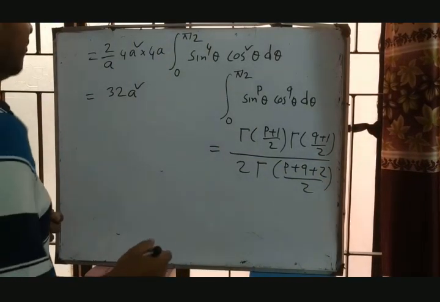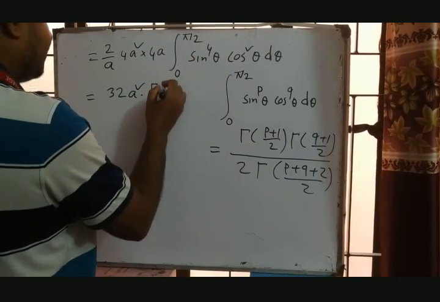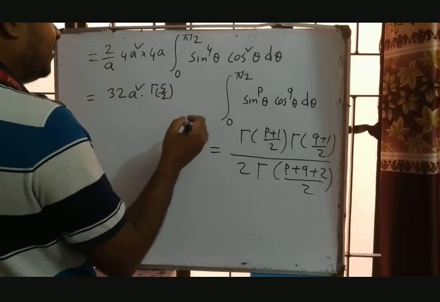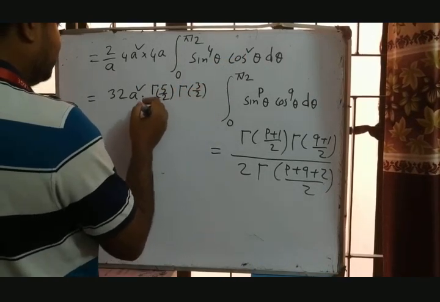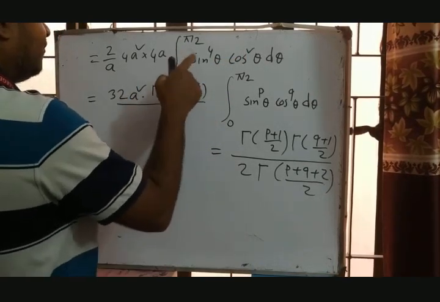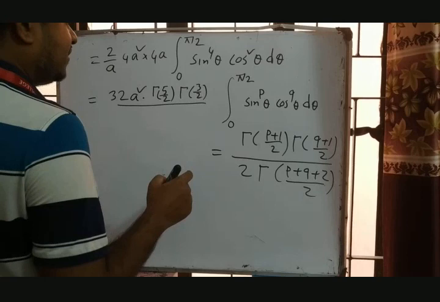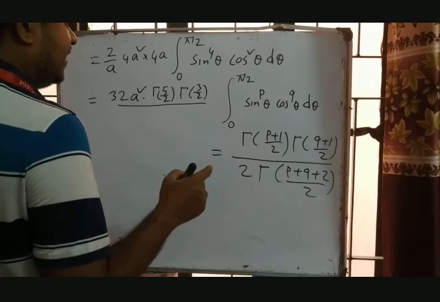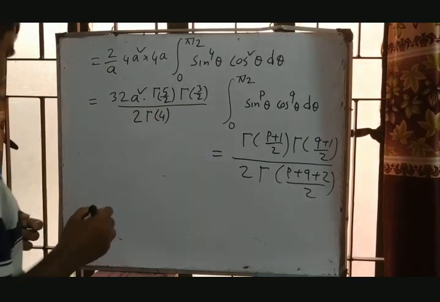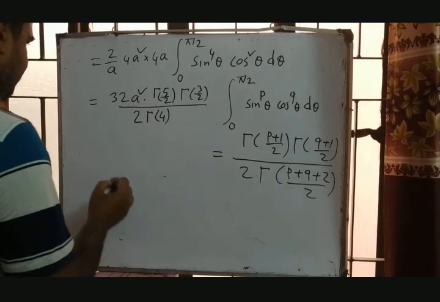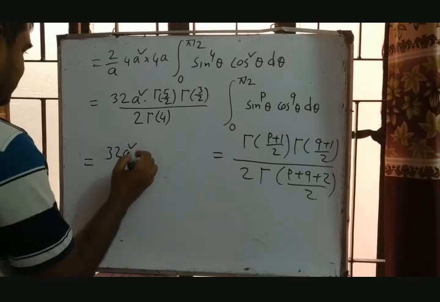Now if we put this value, p is equal to 4, so 4 plus 1, that means 5 by 2, and q is 2, so 3 by 2, divided by 4 plus 2 plus 2, that is 8 by 2, that means gamma 4 into 2, which is equal to 16 a square.